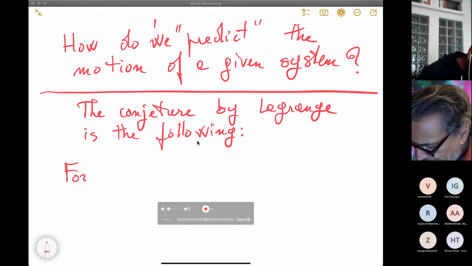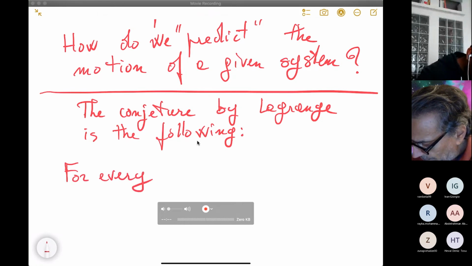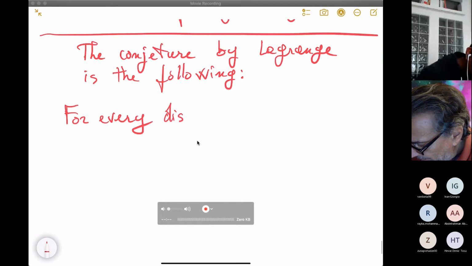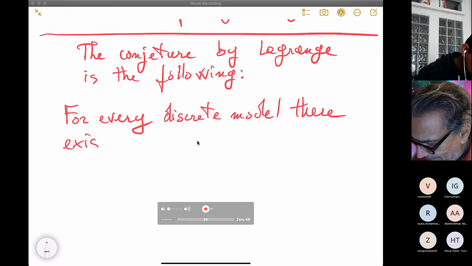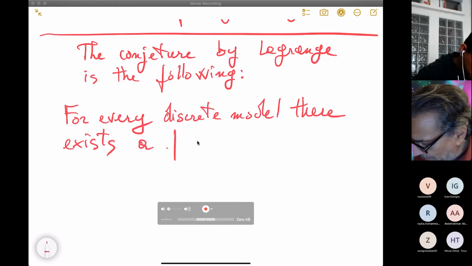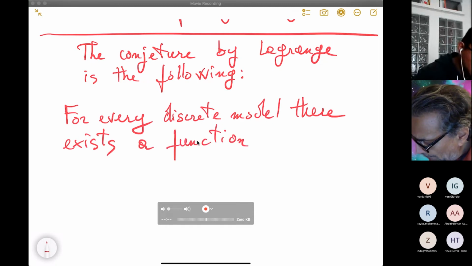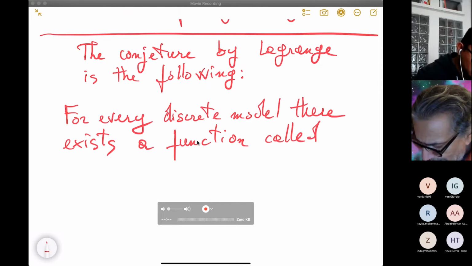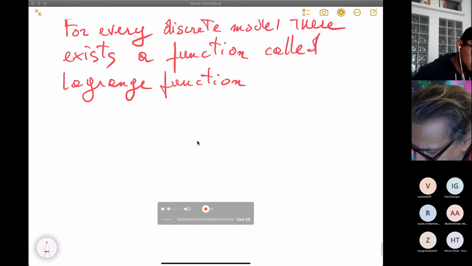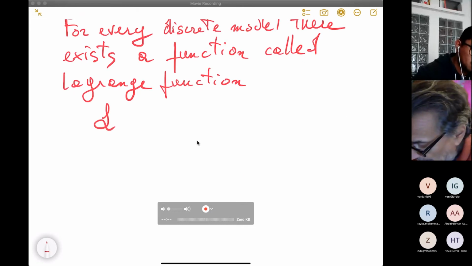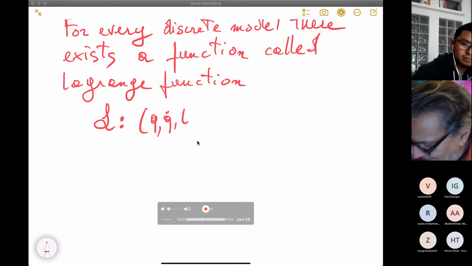For every discrete model, there exists a function called Lagrange function, L, which is a function of q, q dot, and t.